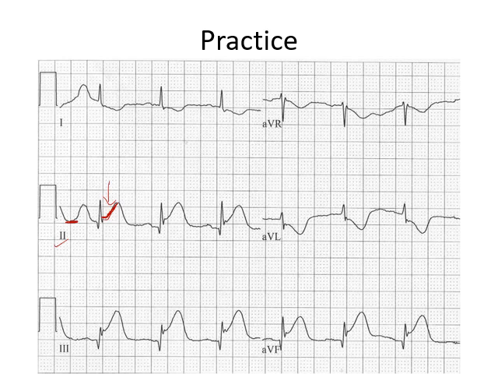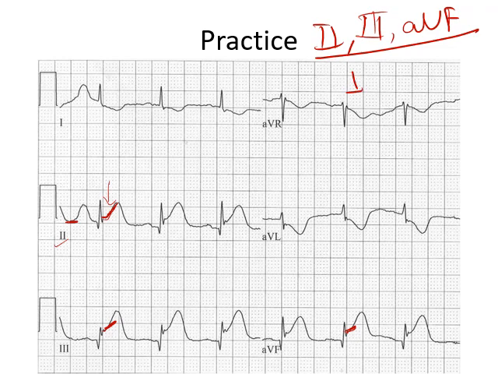Then again in lead 3 the ST segment looks elevated, and in lead aVF the ST segment is elevated. So can you guys remind me which wall do these three leads look at? 2, 3 and aVF. Again, that's the inferior wall. So this is an ECG showing inferior wall STEMI.